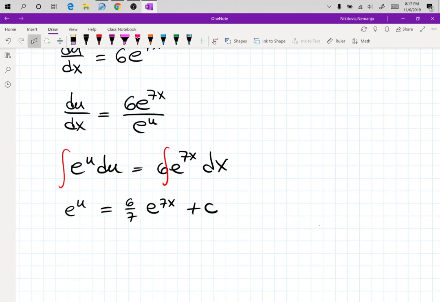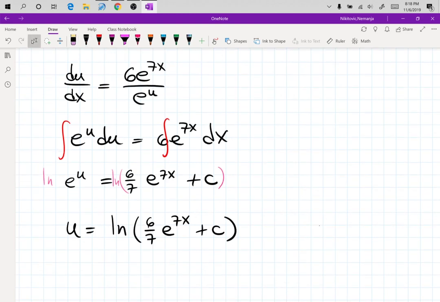Now we need to solve for u, so we can ln both sides, and we get that u is equal to ln of 6 over 7 e to the 7x plus c. Ta-da!